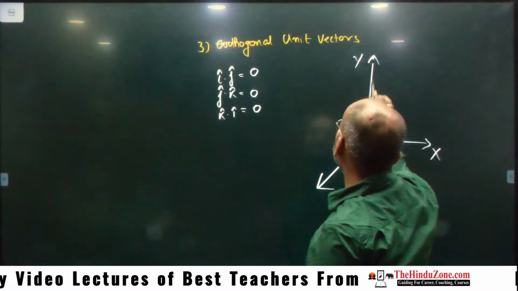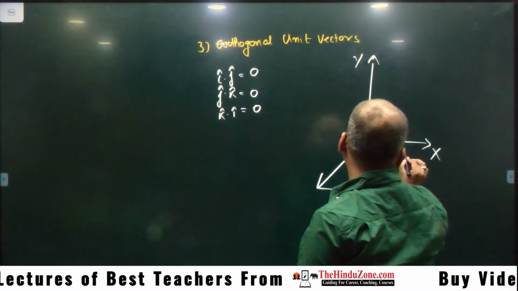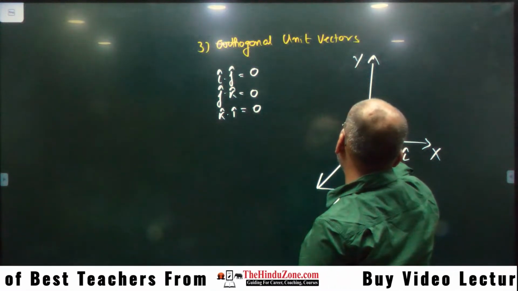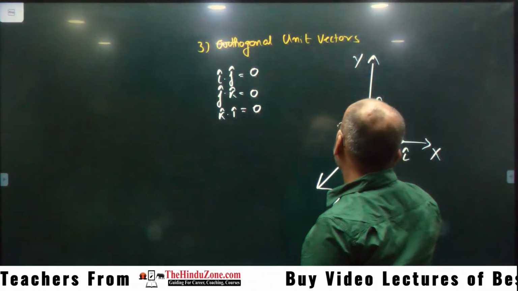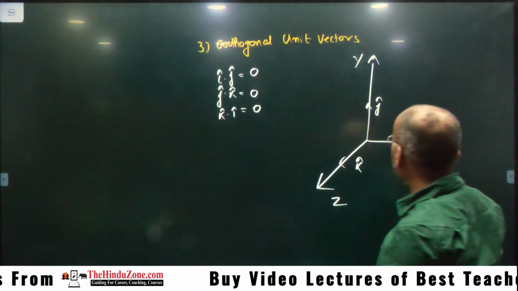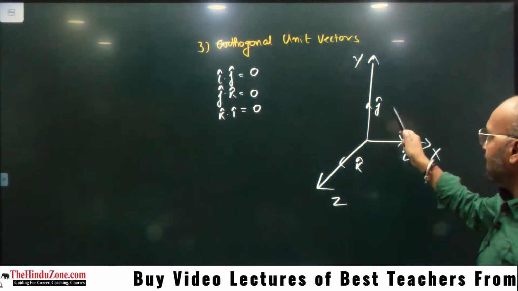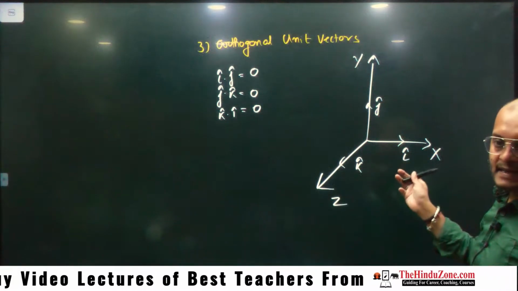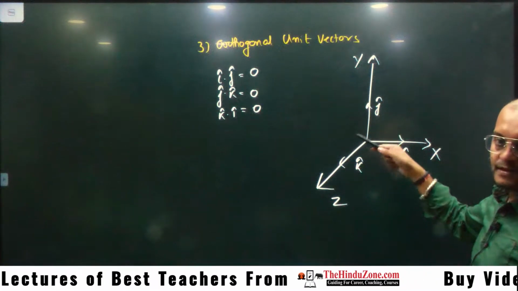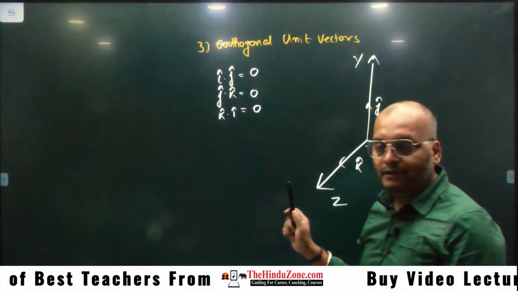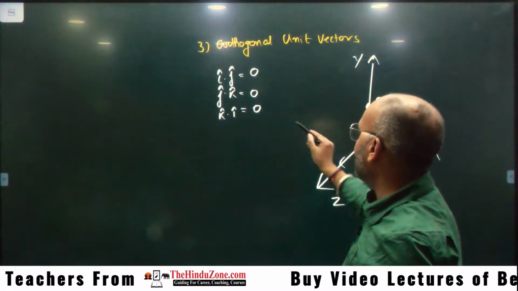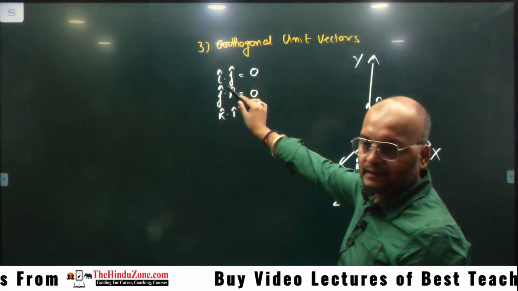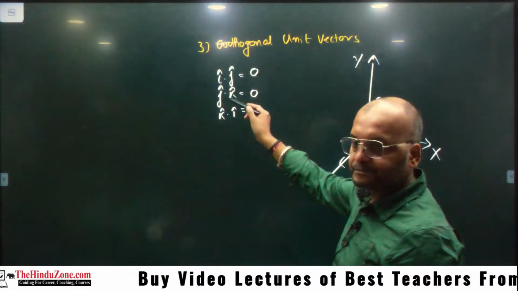These are my three axes. This is i cap, this is j cap, this is k cap. So you are multiplying i cap with j cap. That means you are multiplying the quantity of x axis with the quantity of y axis. What is the angle between x and y axis? 90. So the angle will be 90 degrees and cos 90 is 0.